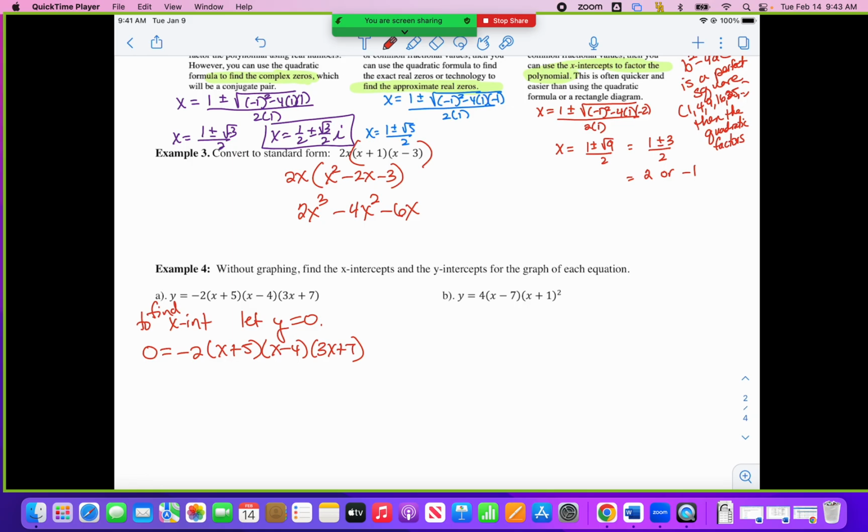Now, what's happening to the negative 2? What do I do with it? Okay, do you see the negative 2 doesn't have a variable with it? Okay, when you see just a constant, you can divide both sides by negative 2.